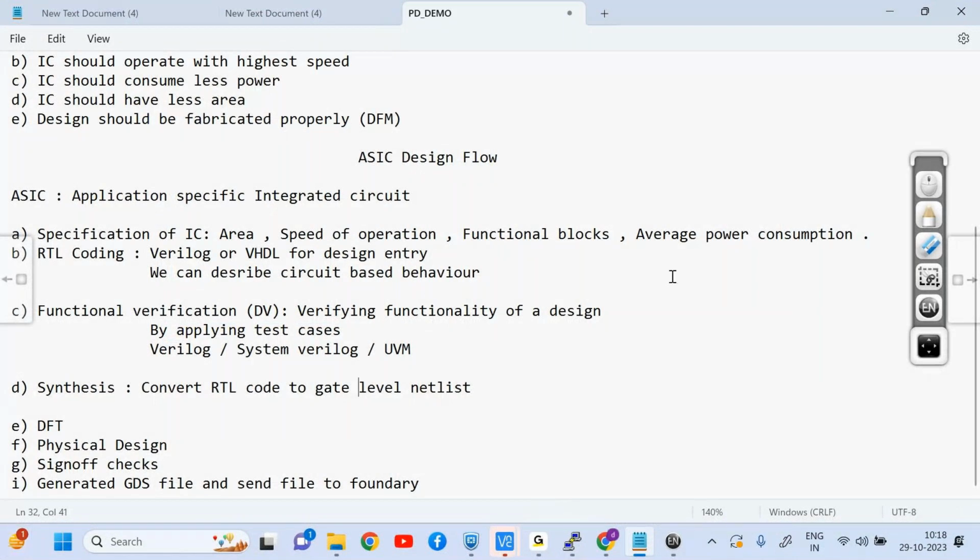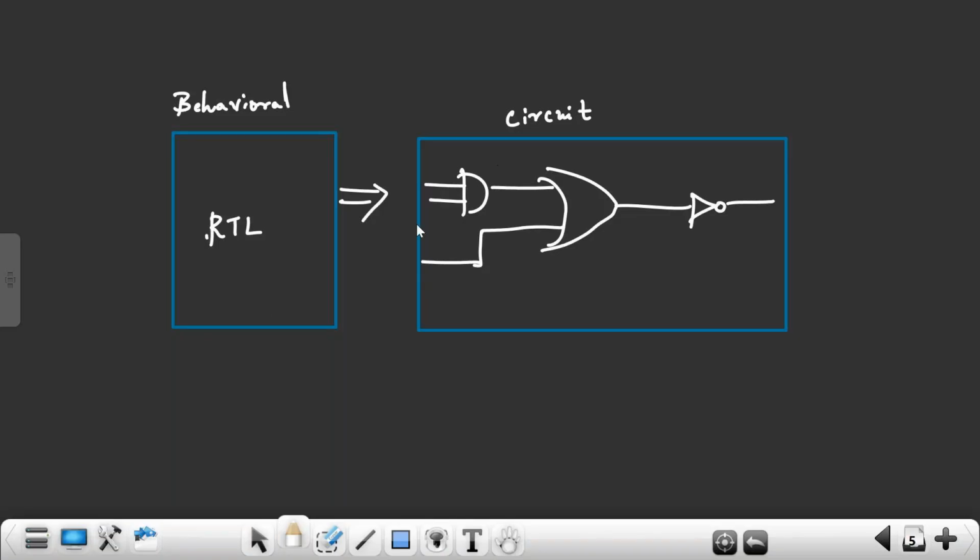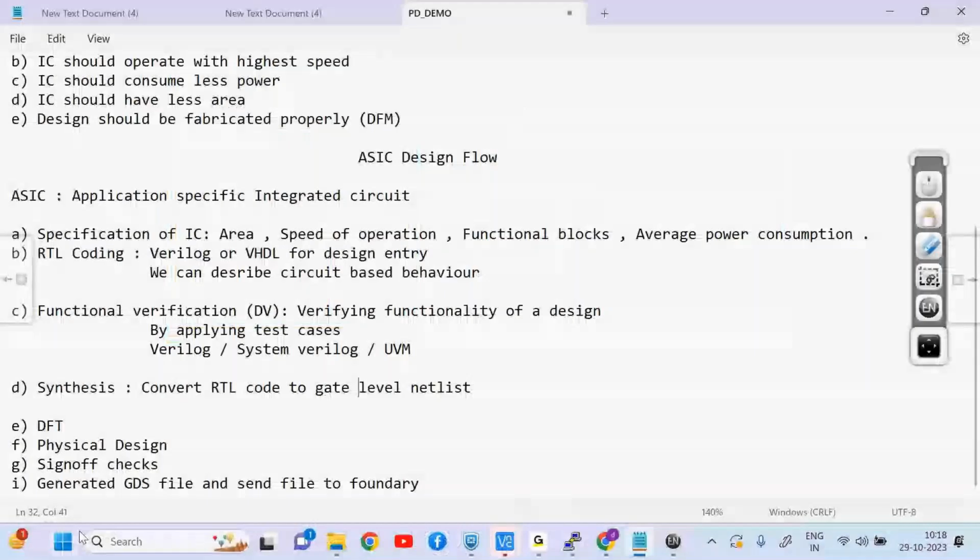I want to ask one thing. We are converting this behavioral to the circuit level. So who is going to tell what gates I should use to form the circuit? There is a tool called a synthesis tool. The synthesis tool will convert RTL to a gate level netlist. We are not going to convert it.